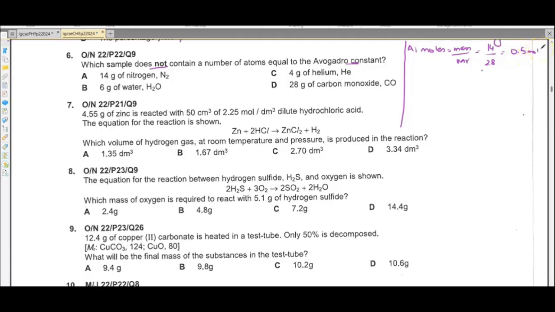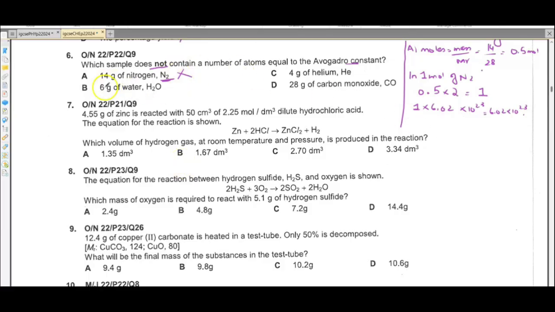And since there are 2 atoms in this molecule, in 1 mole of N2 there are 2 moles of atoms, so 1 multiplied by 6.02 into 10 raised to the power 23 is 6.02 into 10 raised to the power 23. So this is equal to the Avogadro's constant. Okay. So N2 cannot be our answer.